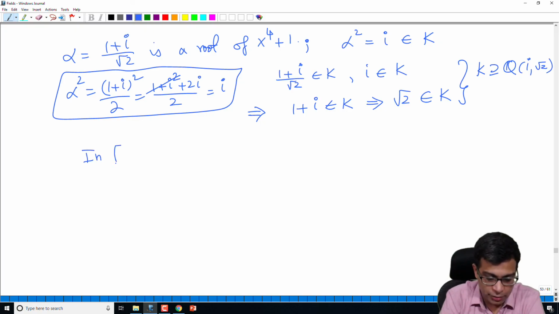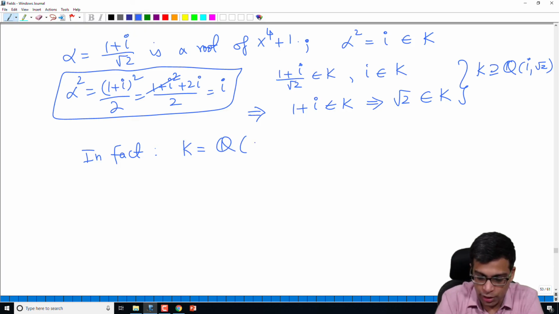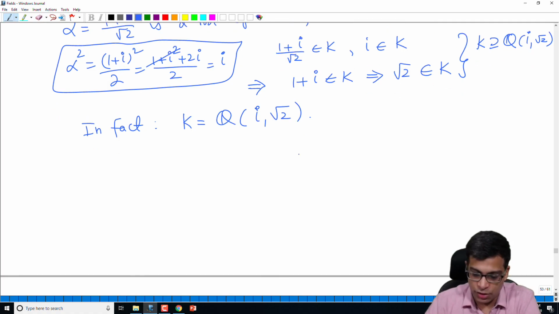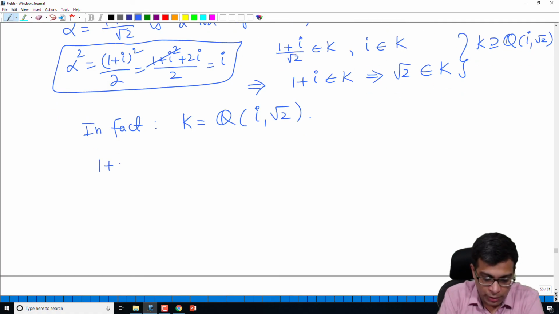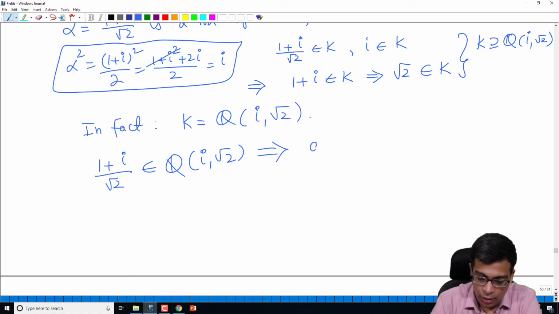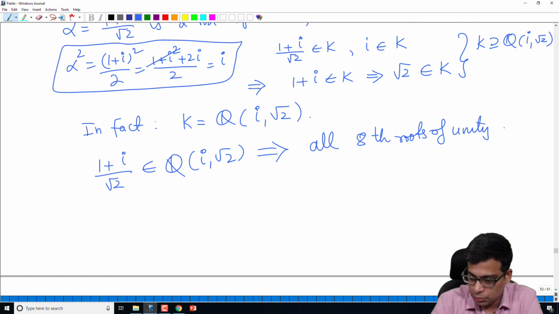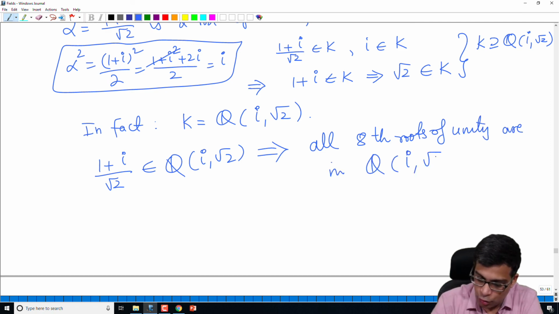But in fact K is equal to Q adjoined i comma root 2, right? That is because (1 plus i) by root 2 is already in Q adjoined i comma root 2. This means all 8th roots of unity are in Q adjoined i comma root 2.